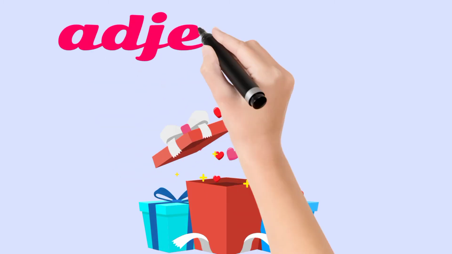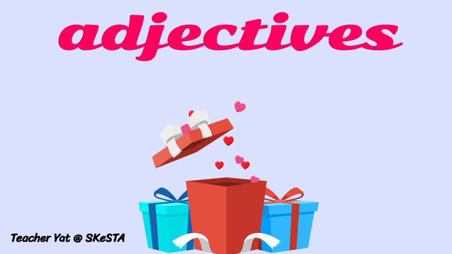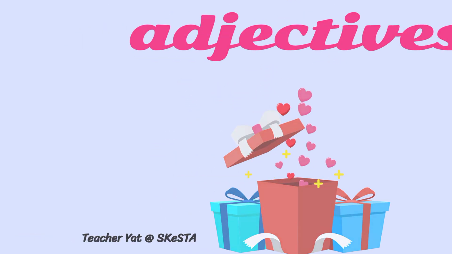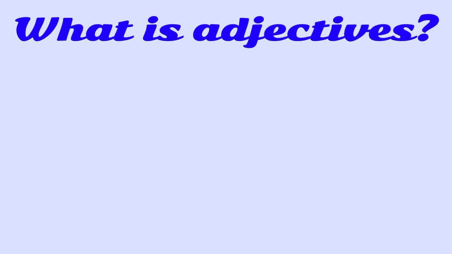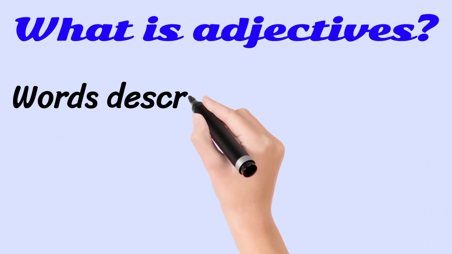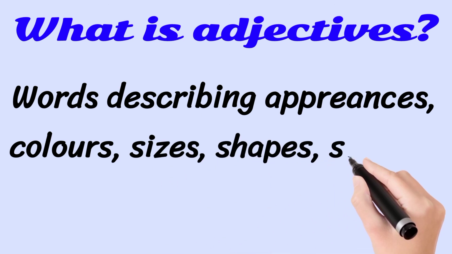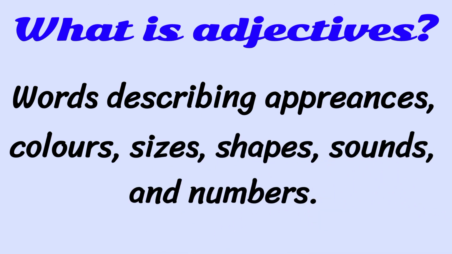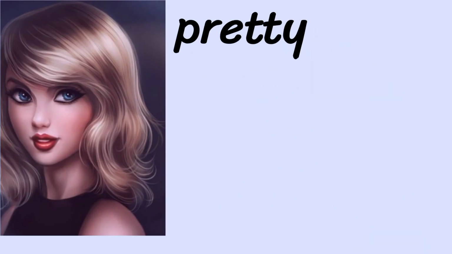We also learned about adjective. Do you still remember what is adjective? What is adjective? Adjectives are words describing appearances, colors, sizes, shapes, sounds, and numbers. For examples, pretty, cantik.